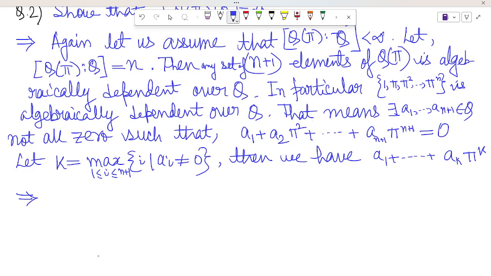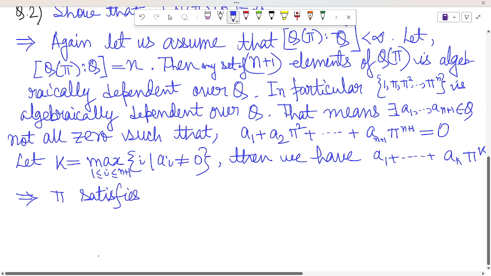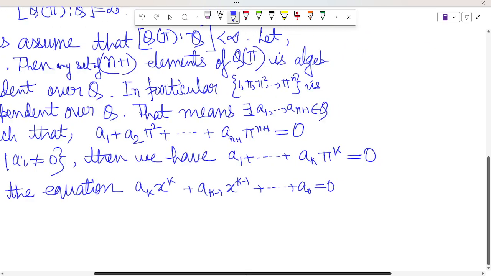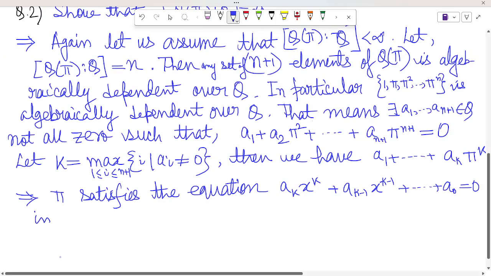That implies pi satisfies the equation ak x to the power k plus a(k-1) x to the power k minus 1 and so on equal to 0. It is a contradiction. Why is it a contradiction? Because pi is transcendental.